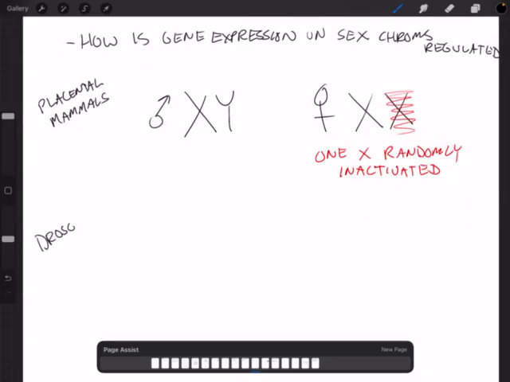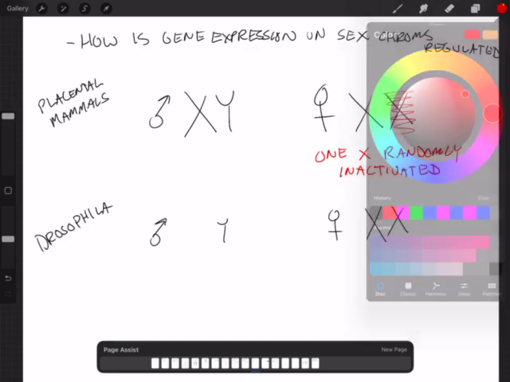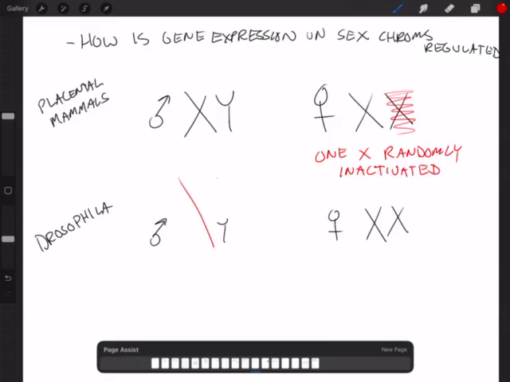In Drosophila, which are fruit flies, they also have an XY system. And in Drosophila, rather than having one of the X chromosomes silenced, the male X chromosome has twofold the amount of expression of those genes as in females, right?